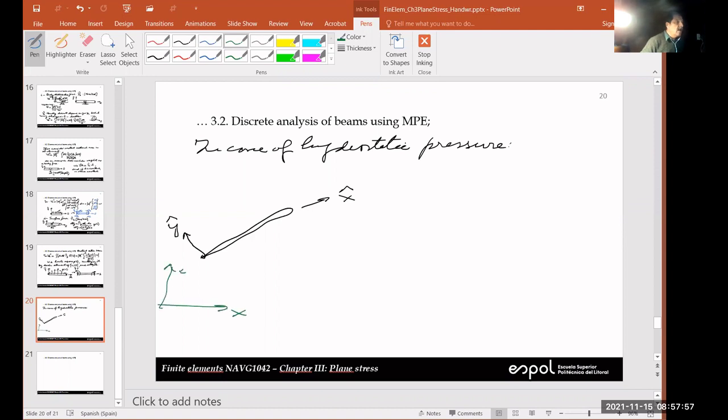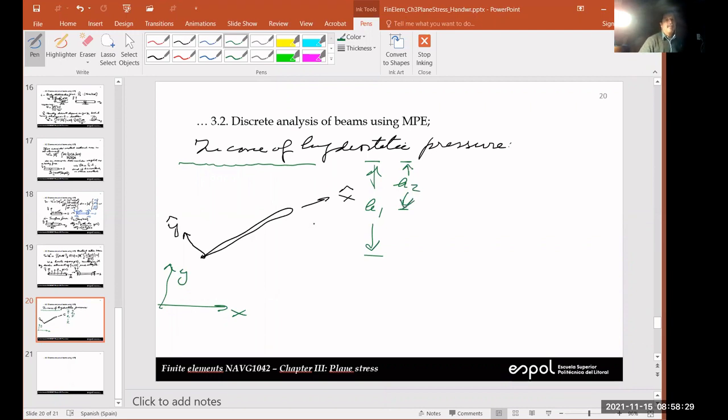And probably this Y is in the vertical direction, since we have, for example, a free surface here. This dimension, let's call it H1, and up to this point, from the free surface, we call it H2.